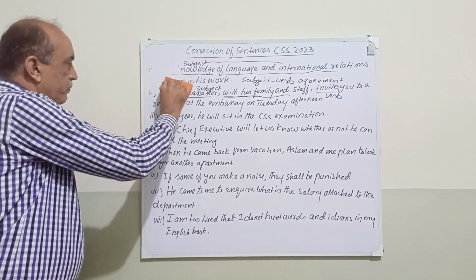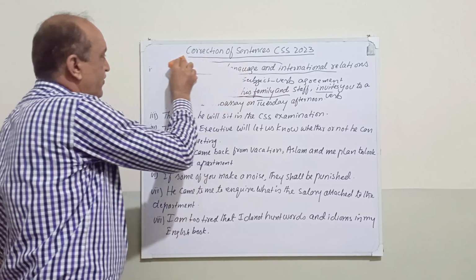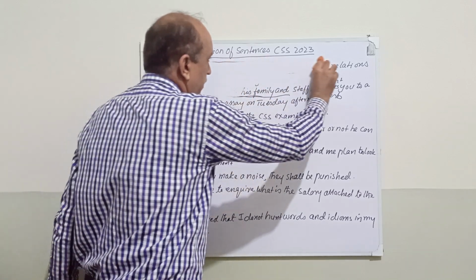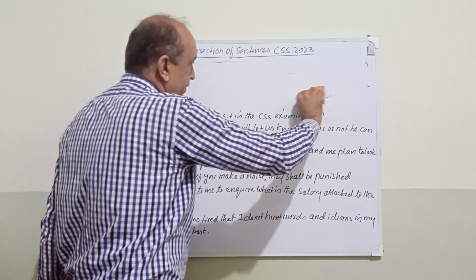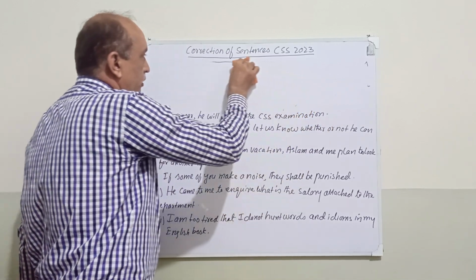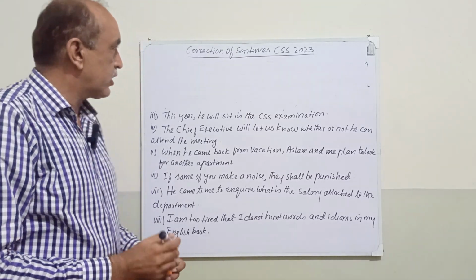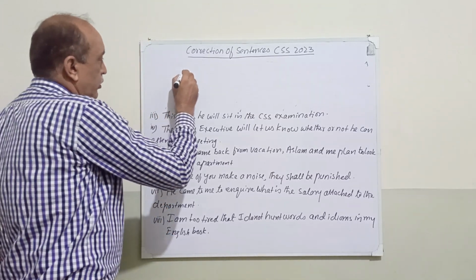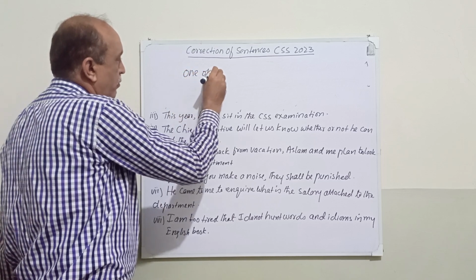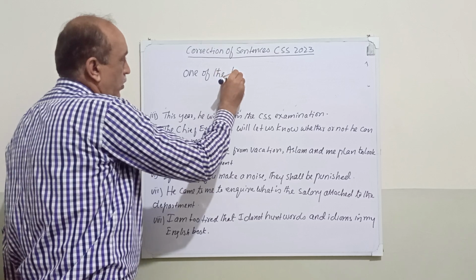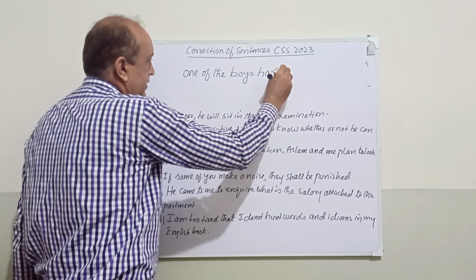When we go through other sentences of subject verb agreement, we come to know how the subject is related with the verb. There are many examples of subject verb agreement. You can see: one of the boys has done this.